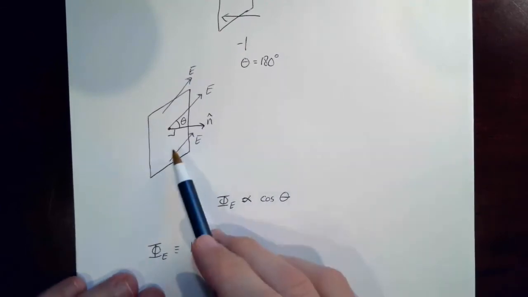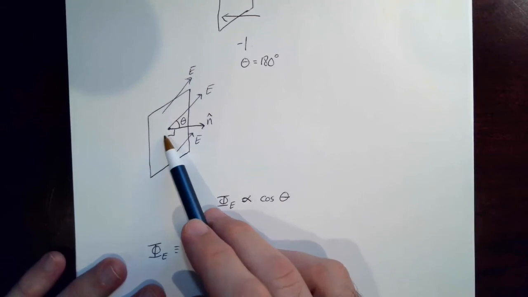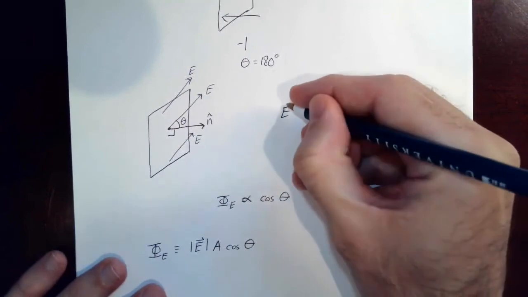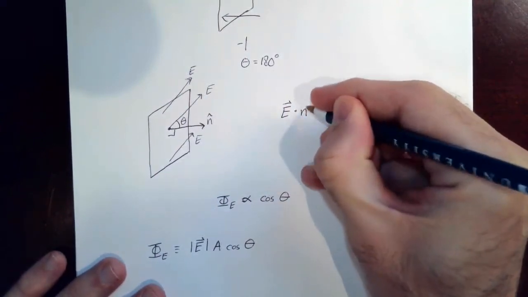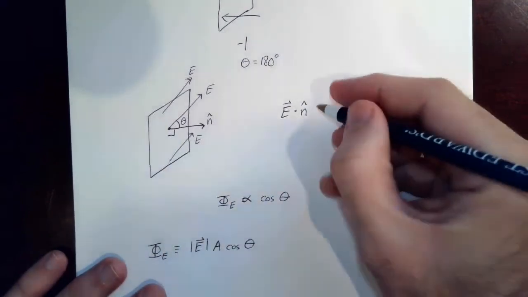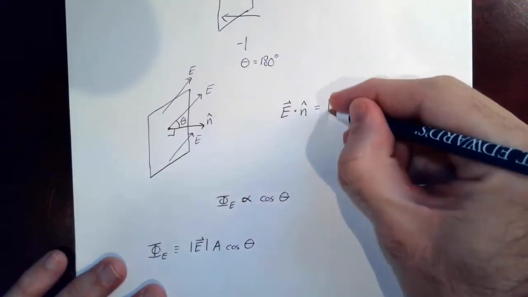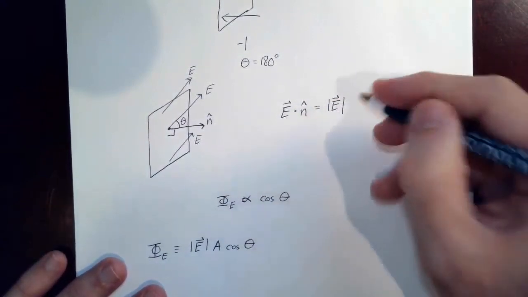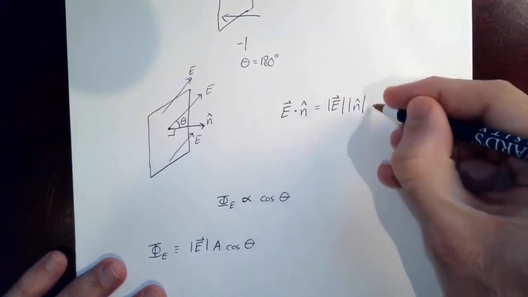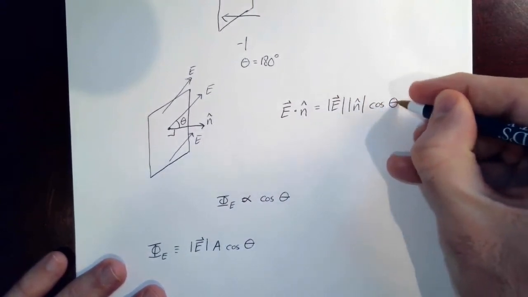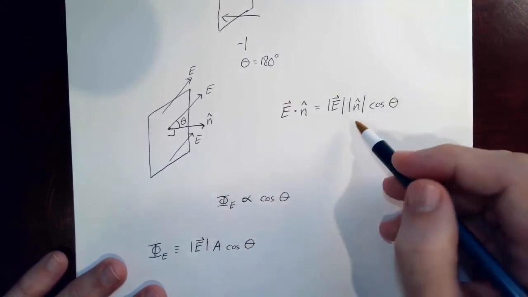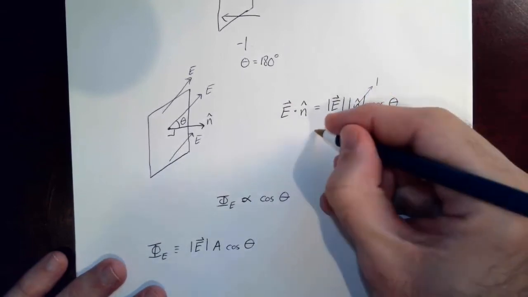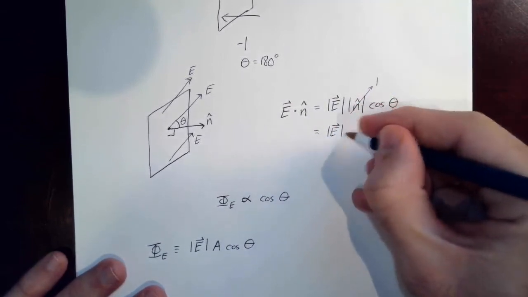Turning for a moment to this picture, we can use the property of dot products to write that the dot product between E and n hat is equal to, and this is just a property of the dot product, or a definition if you like, the magnitude of E times the magnitude of n hat times the cosine of the angle between them. But the magnitude of n hat, this is a unit vector, so this is just 1. So this is equal to E cosine theta.